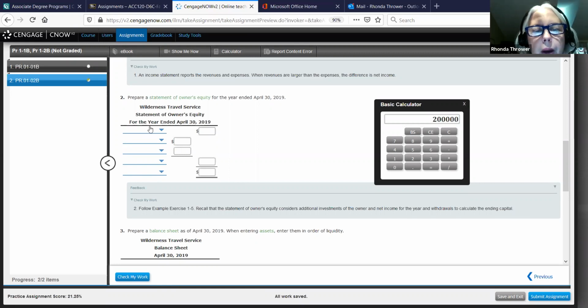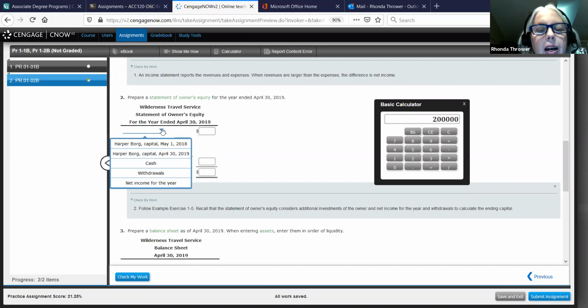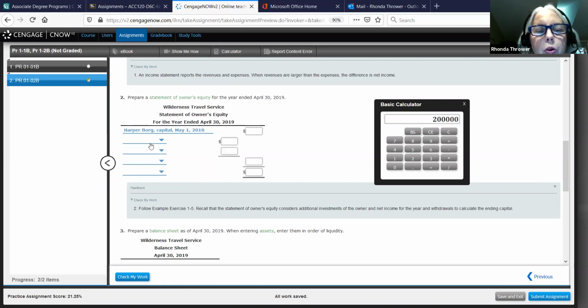When you are preparing a statement of owner's equity, always start with your beginning amount of owner's equity. Be careful here. Make sure you choose Harper Borg, which is the name of our owner, his capital account at the beginning of this period. The beginning of the period is May 1st, 2018.